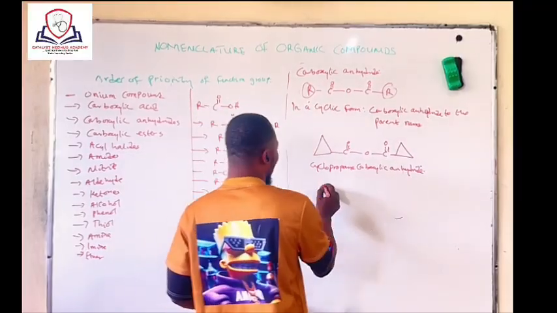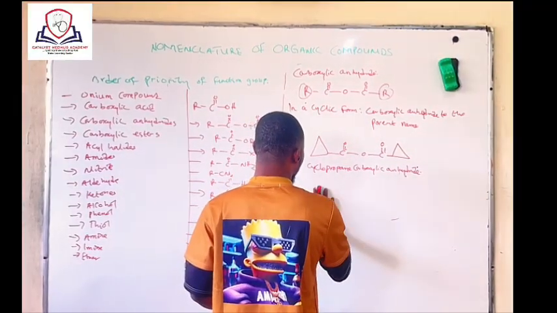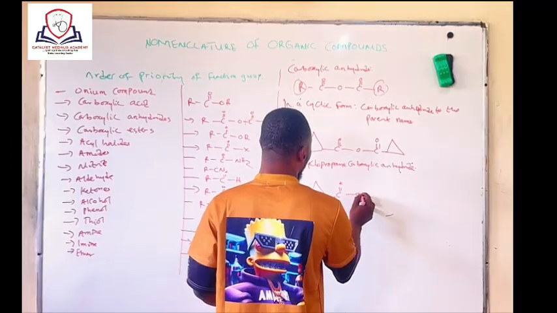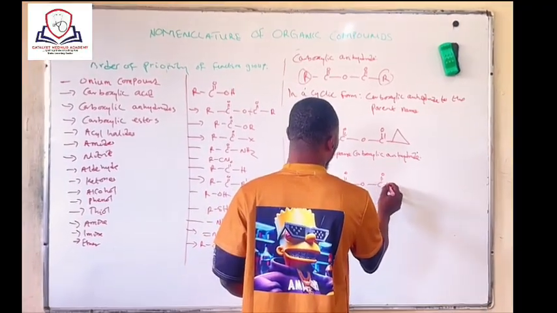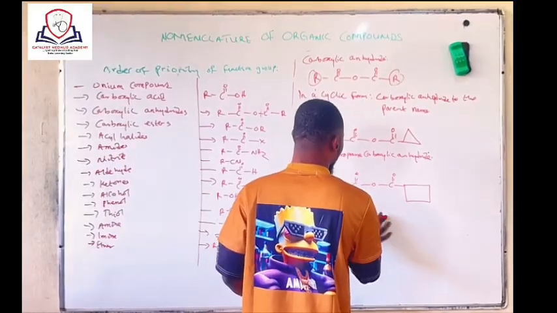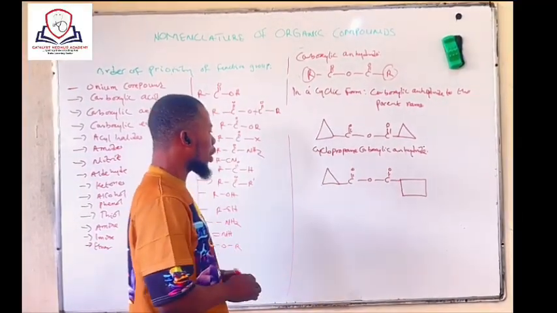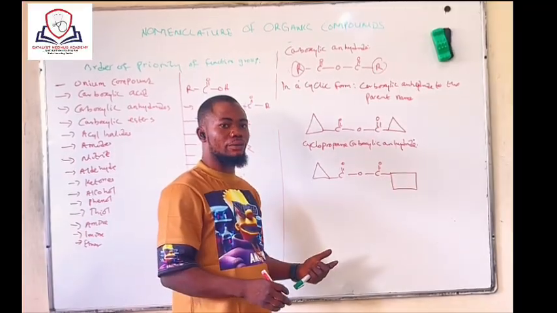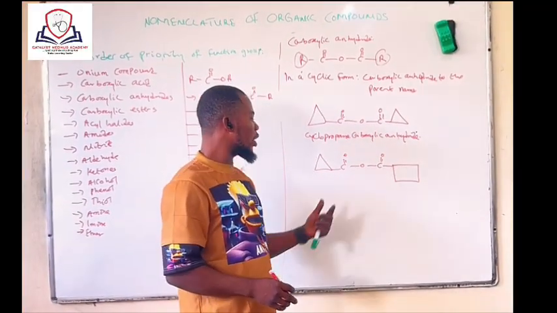You can also have a structure like this. Now, we have propane here and butane here.